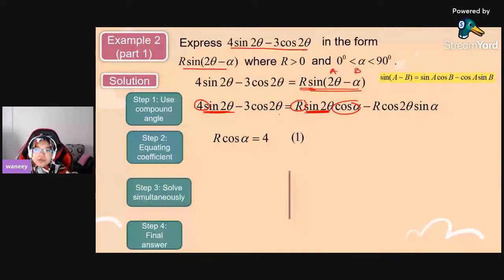And then you equate for cos 2 theta. So this is cos 2 theta, cos 2 theta. Make sure you use your highlight if you can't see them very well. So this is 3. This is r sine alpha. Okay, therefore r sine alpha is equal to 3. So if you choose the r sine or r cos carefully, they should have the same sign over here.